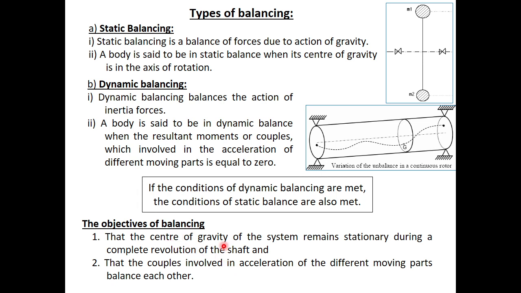Objective of balancing: that the center of gravity of the system remains stationary during a complete revolution, and the couples involved in acceleration of the different moving parts balance each other. What does it mean? Center of gravity remains stationary means there might be some difference between the rotational axis and centroidal axis.